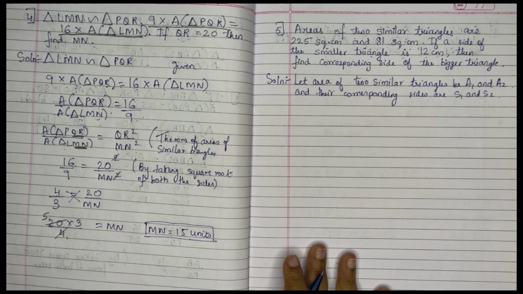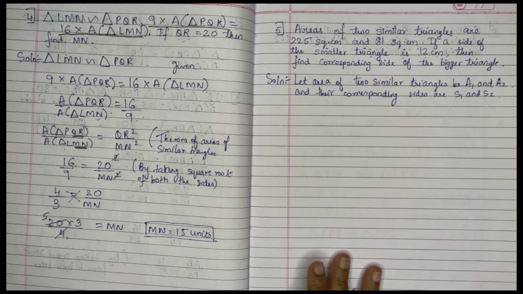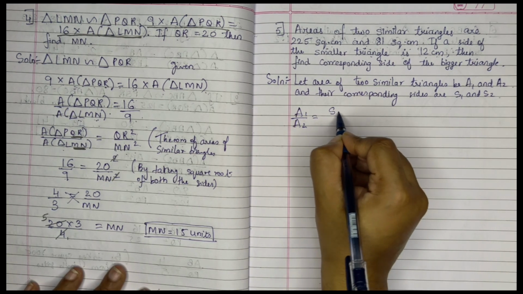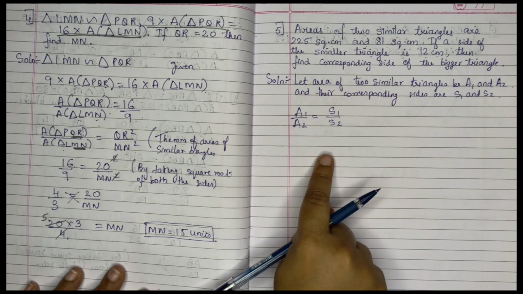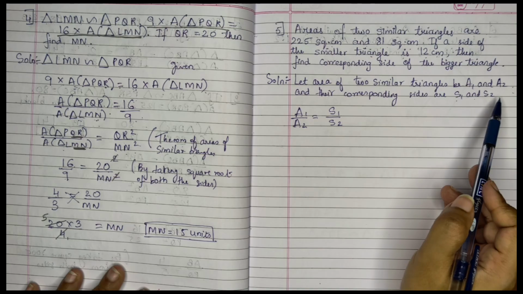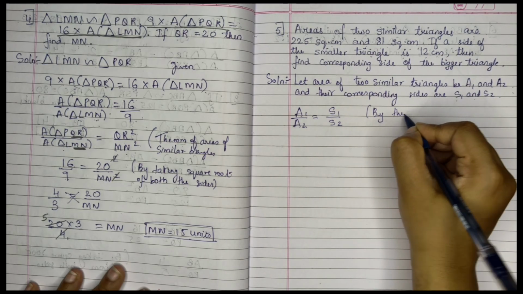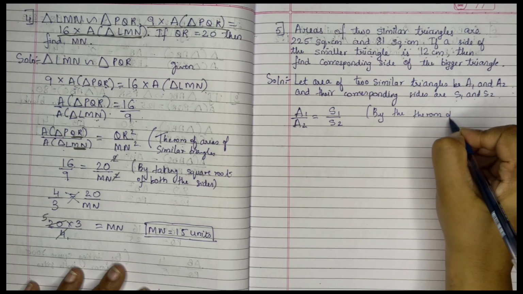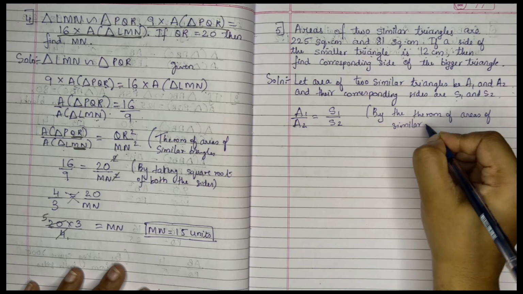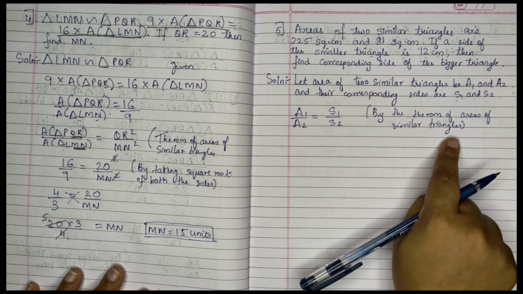Now since they have said that the two triangles are similar, we will use the theorem of areas of similar triangles. So we take A1 upon A2 is equal to S1 upon S2. This is by the theorem of areas of similar triangles.